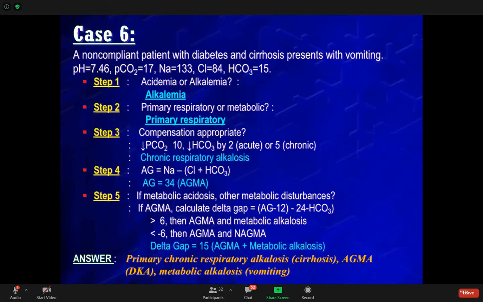He has an anion gap metabolic acidosis لأن عنده DKA. Okay, and he's diabetic. He's not taking his insulin, and most likely he has metabolic alkalosis too because he's vomiting and he's losing hydrogen chloride from his gut.